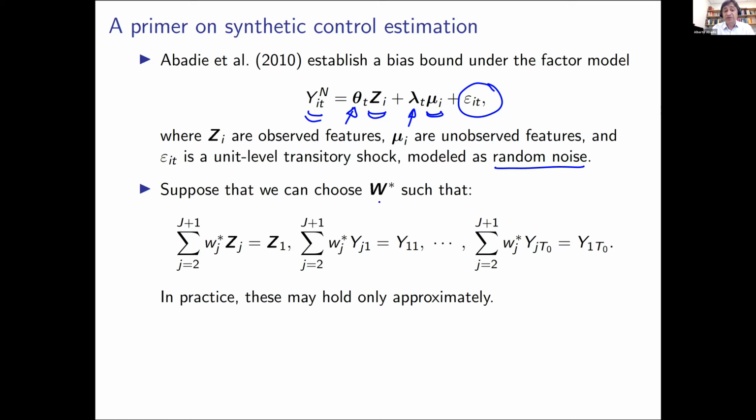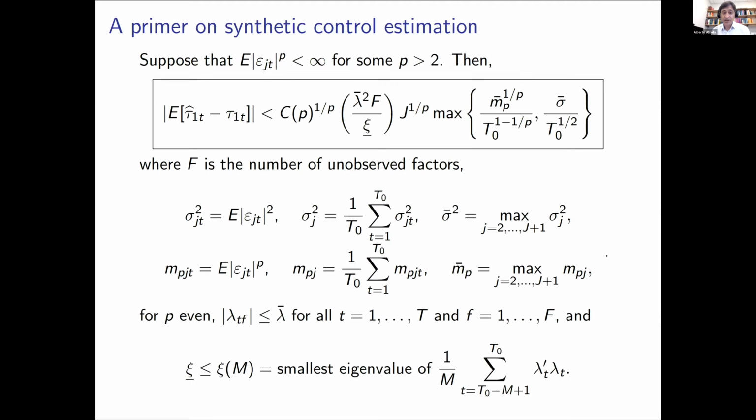And suppose that we can choose W star such that we can reproduce the characteristics of the treated unit, and also we can reproduce the trajectory of the outcome for the treated unit before the intervention. Suppose in fact that we can do that for any value of epsilon. And in practice, this restriction may only hold approximately. Then we can establish a bound on the bias of the synthetic control estimator.